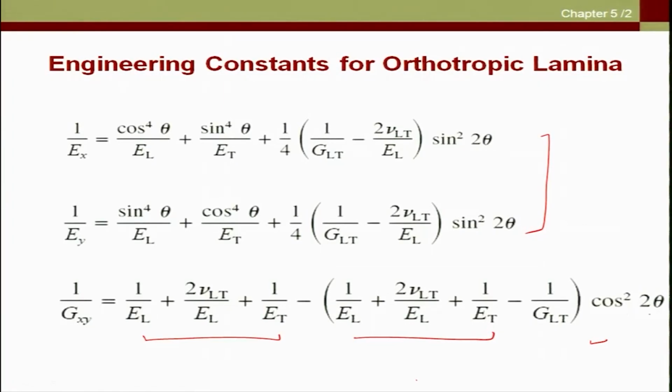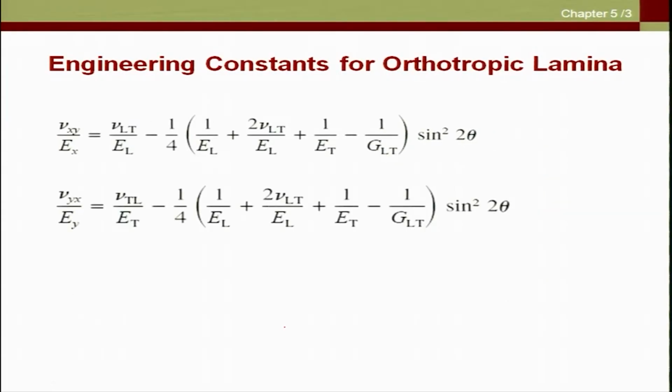Similarly, when theta equals 90 degrees, that is when the x axis is aligned to the transverse axis of the system, then 2 theta becomes 180 degrees. So, cosine square of 2 theta equals 1, and once again the terms involving EL, ET and nu LT, they cancel out, and once again we have Gxy equals GLT. So, this is one important thing.